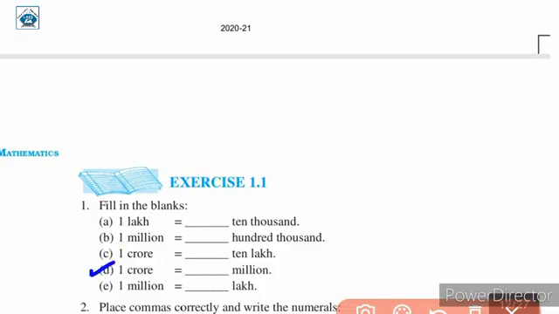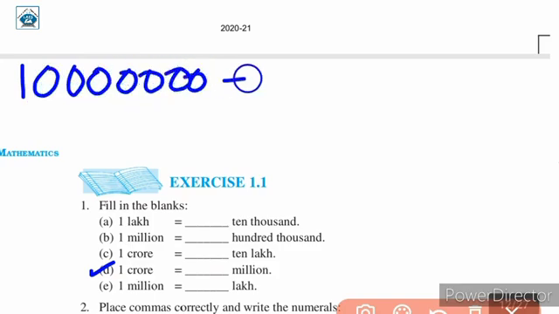Next, we are asked 1 crore is equal to dash million. So we know that in 1 crore we have 7 zeros. So 1 followed by 7 zeros will be written. This is equal to dash multiplied by 1 million. And we know that in 1 million we have 6 zeros. We know that 1 million is equal to 10 lakh.